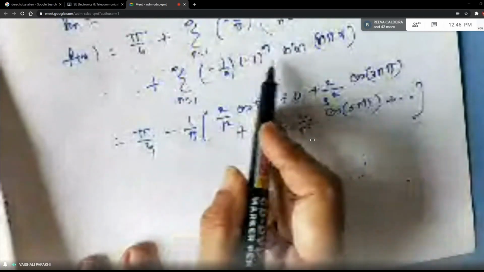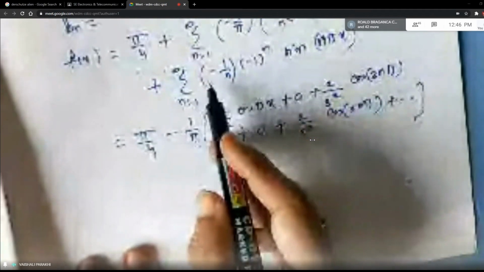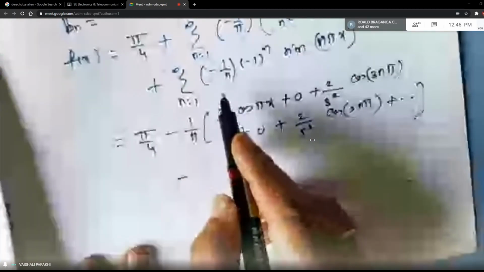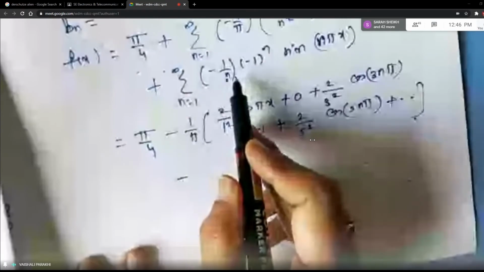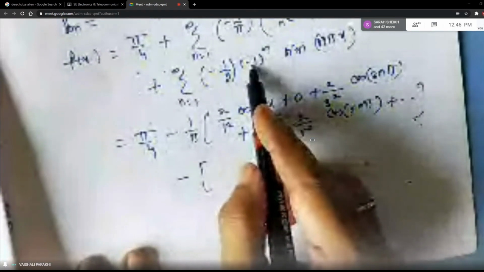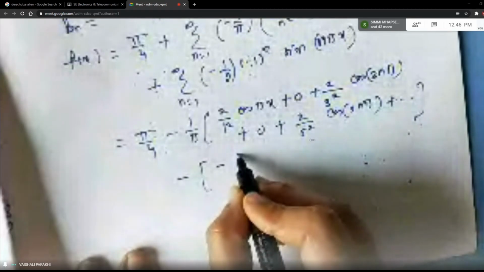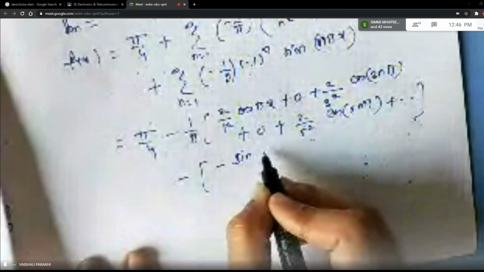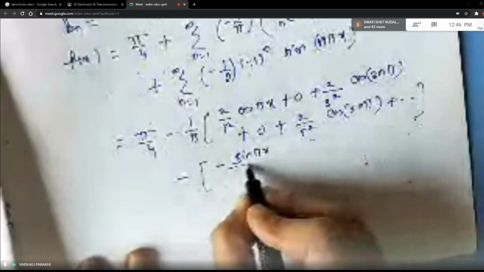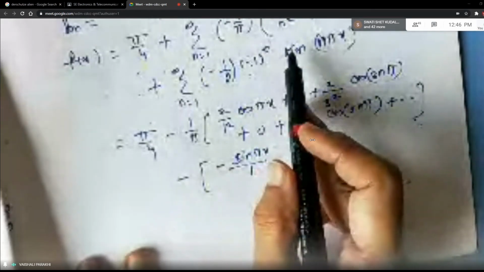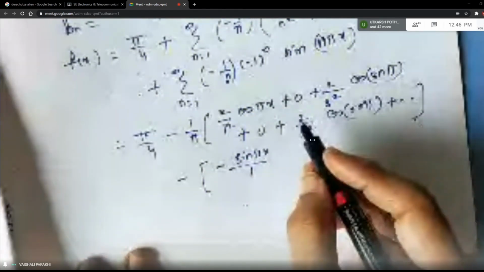Plus. Now here, what term can you take out? Only minus 1 upon n you can take out. And put n is equal to 1. When you put n is equal to 1, what will you get? Minus 1 raised to 1 is minus 1. So it is minus sine of pi x by 1. When you put n is equal to 2, it will be positive, right?